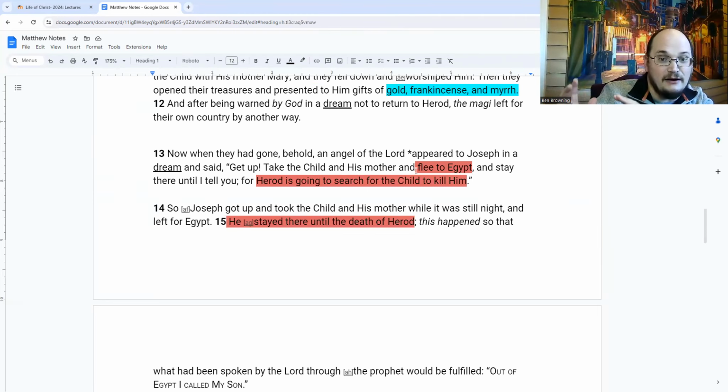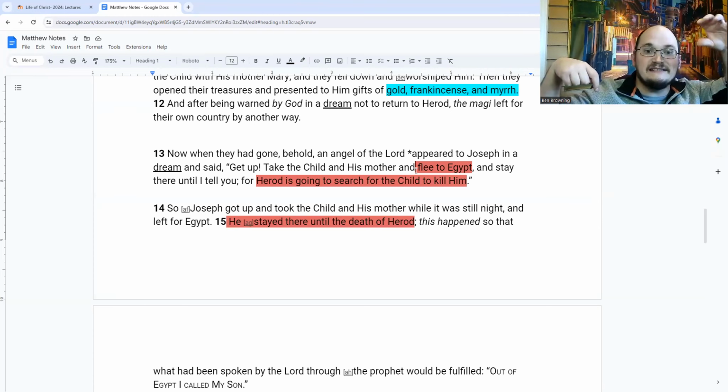In the case of Israel, in the case of Exodus, and Moses, they ultimately flee Egypt to go to the promised land. So the wicked king is in Egypt, but they get safety by going to the promised land.